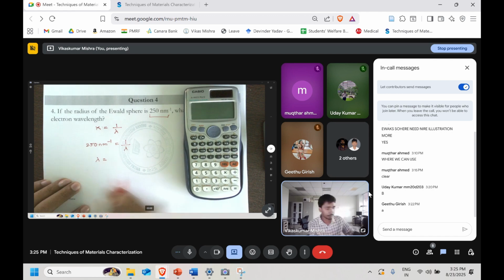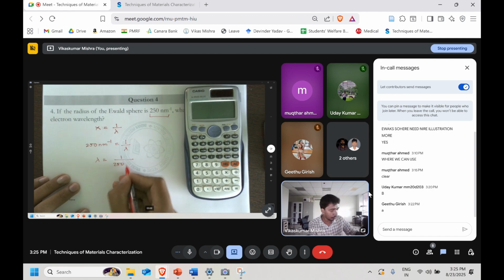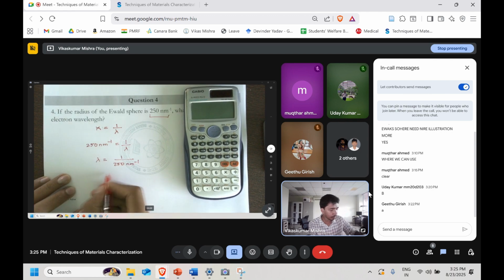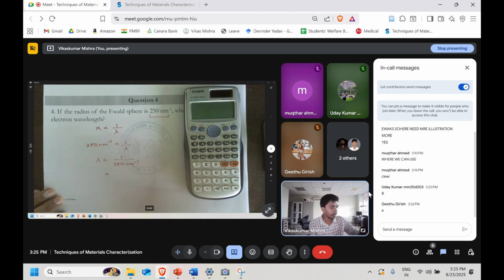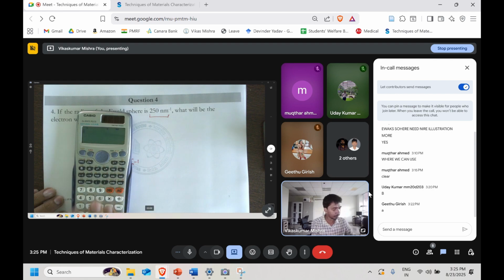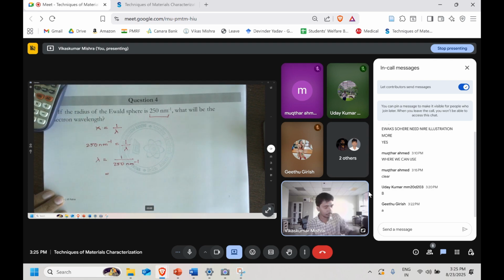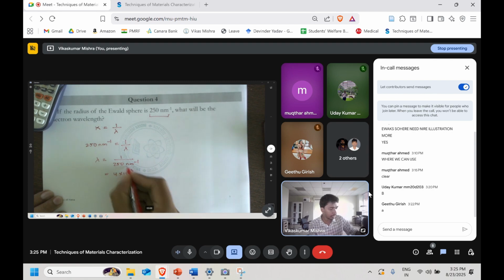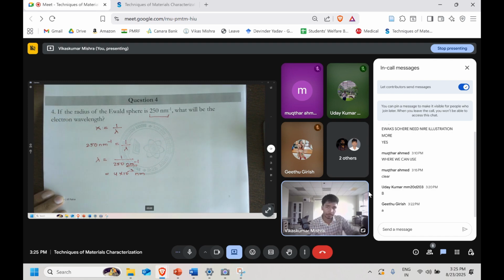So what we have to do is 1 over 250 nanometer inverse. We get 4 into 10 to the power of minus 3, and since it is nanometer inverse, it becomes nanometer.